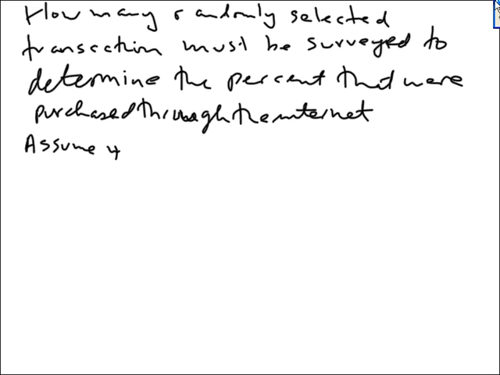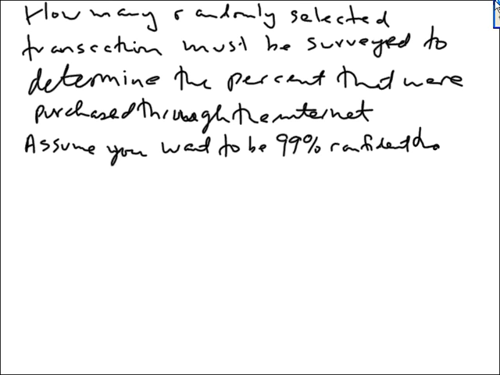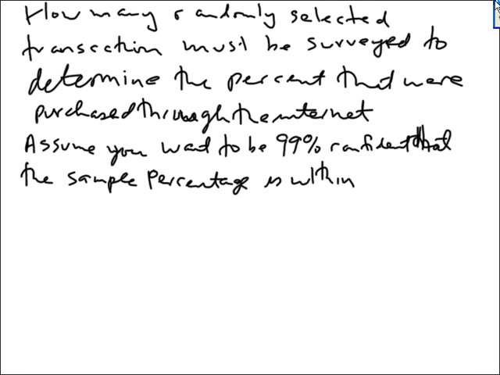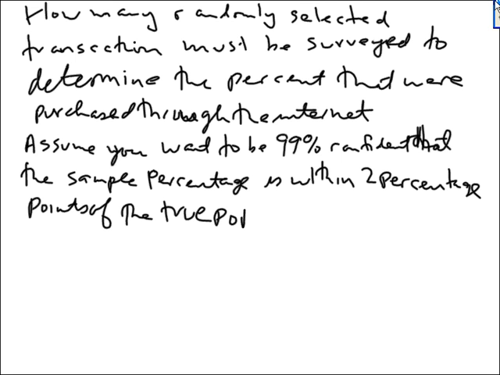Assume you, meaning the state government, want to be 99% confident that the sample percentage is within 2 percentage points of the true population percent for all sales transactions.